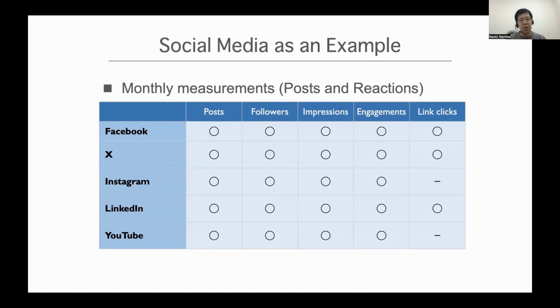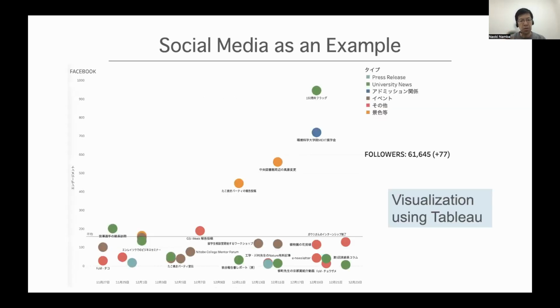But these numbers only show the general trend of the month. So we also do this analysis. Leah uses Tableau to visualize how much engagement each post received. And these colors show the type of the content.